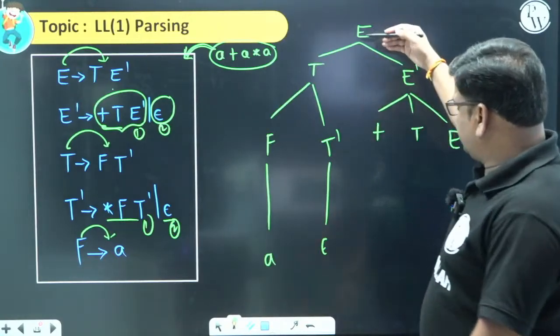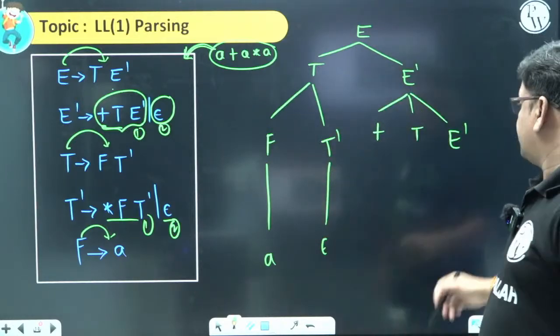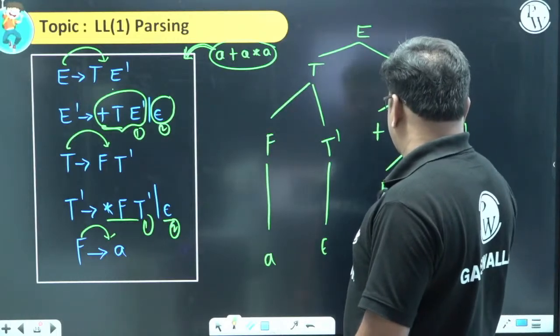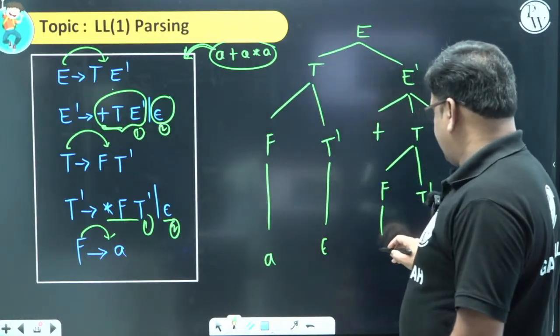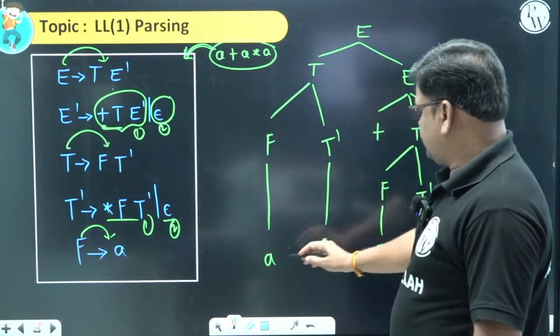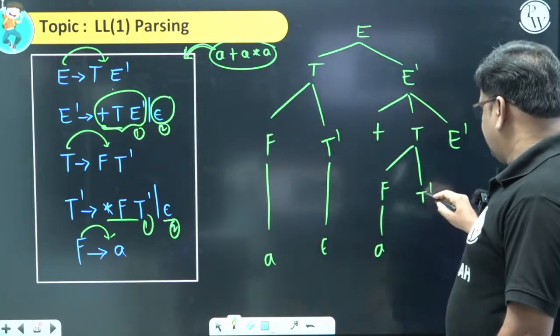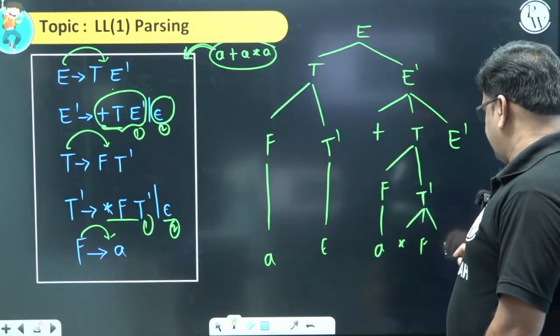See, the top-down parser starts at the starting symbol and goes like this. Then T is replaced by F T dash. F is replaced by A. Now you can observe the leaves: A, plus, and this T dash is replaced by star F T dash.